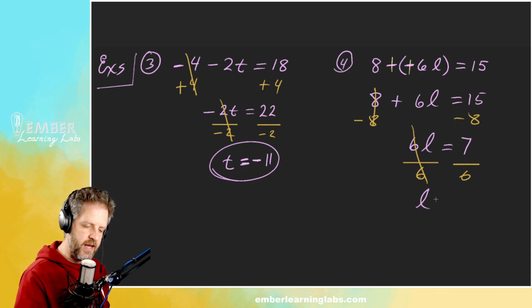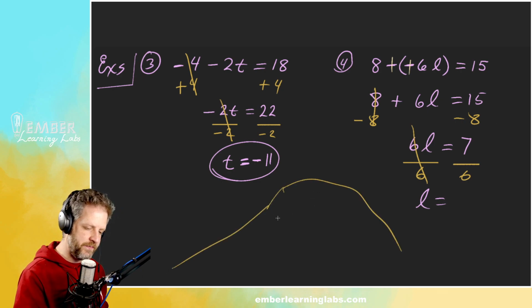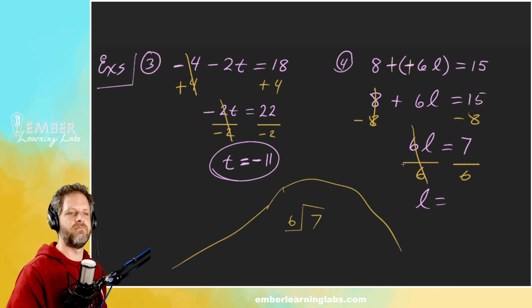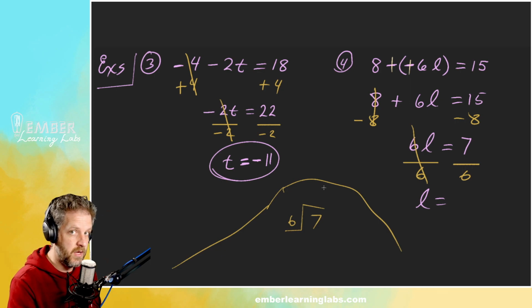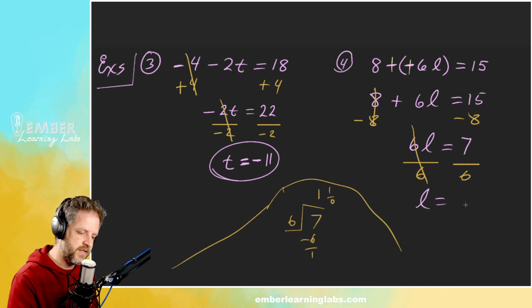So L equals, now we've got to do that in our little scratch paper section here, right? 6 goes into 7 how many times? Once. We subtract, 1/6. So L equals 1 and 1/6.